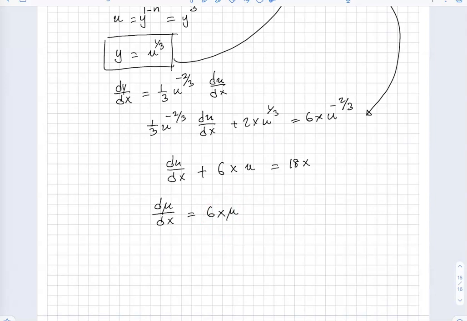The common mistake here, most people take this term to the right hand side, get a negative 6xu, which is not true. In the original equation, you have the second term on the left hand side, but when you form the integrating factor, the idea is you just write the second term on the left hand side on the right hand side of your equation for the integrating factor. Don't change the sign.